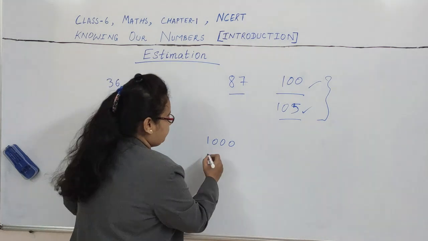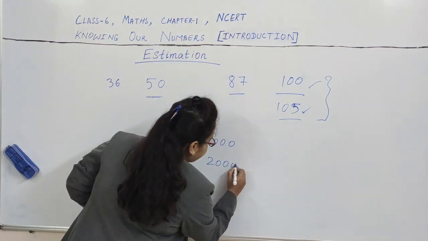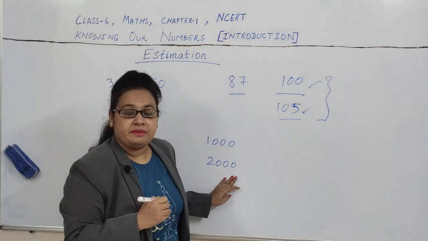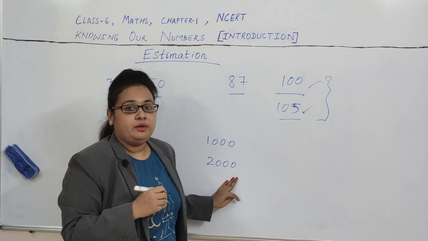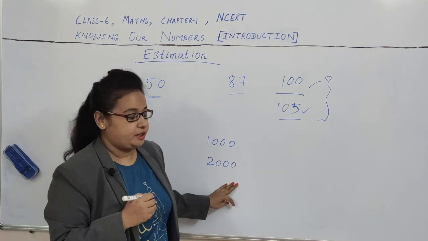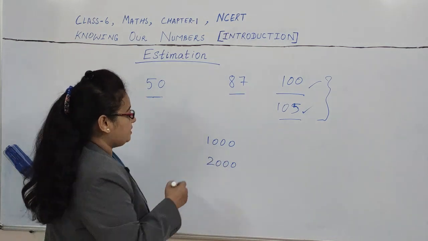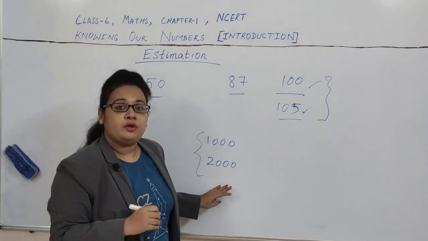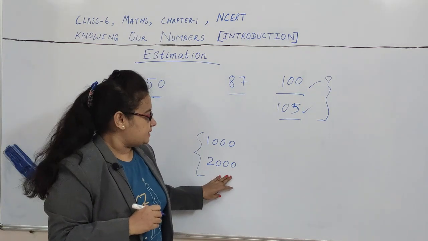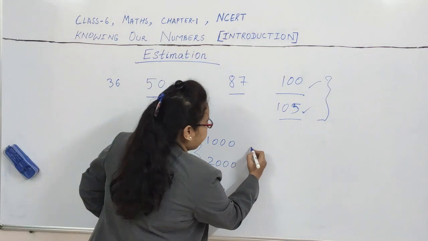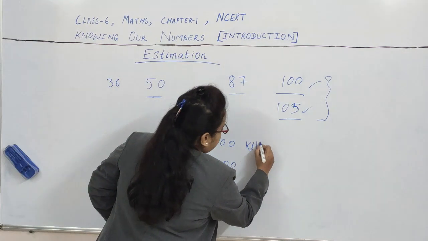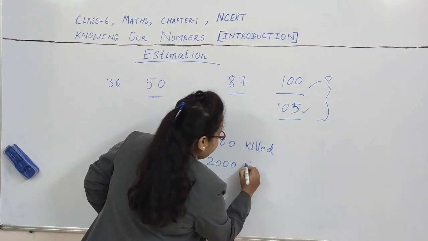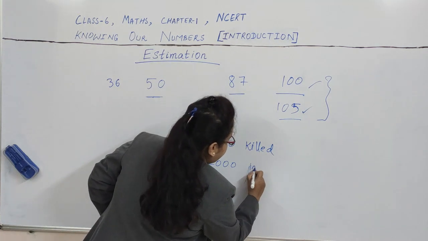And more than 2,000 people were injured, not exactly 2,000 but around 2,000 people were injured. So what are these numbers? These are estimated numbers. These numbers give you an idea to understand that around 1,000 people were killed and around 2,000 people were injured.